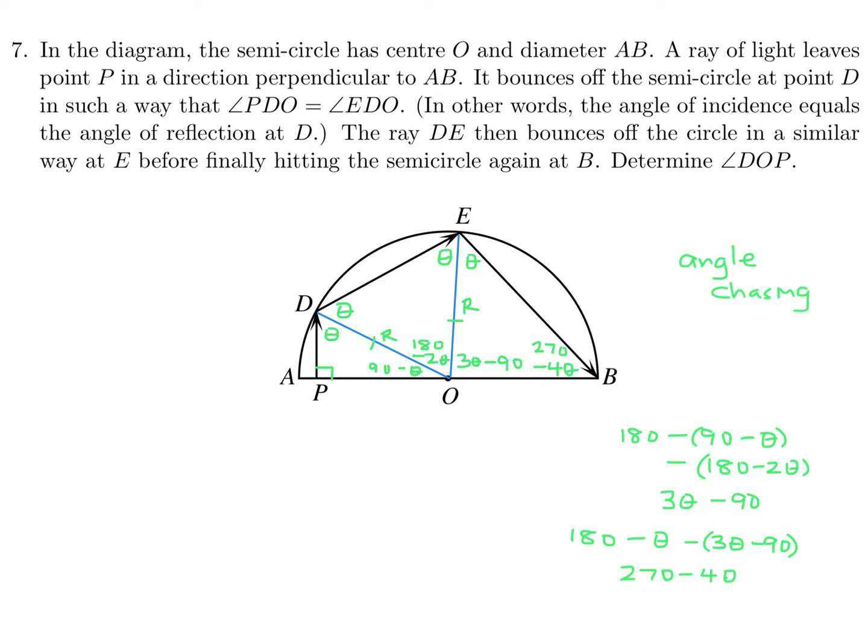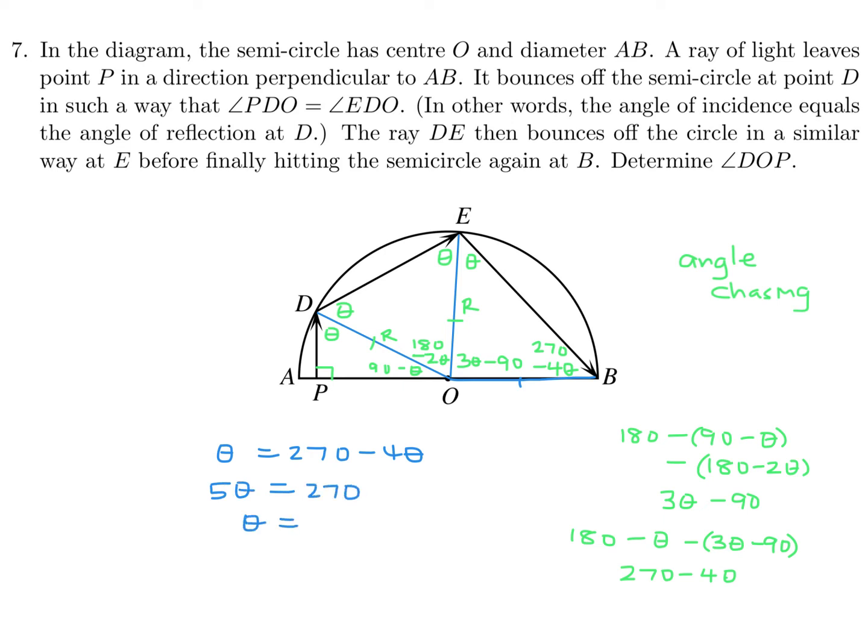This is also the radius right here from O to B. So since O to B is also a radius, that makes this an isosceles triangle. Aha. So that means this angle is the same as that angle. So that means theta is equal to 270 minus 4 theta, and therefore 5 theta is equal to 270.